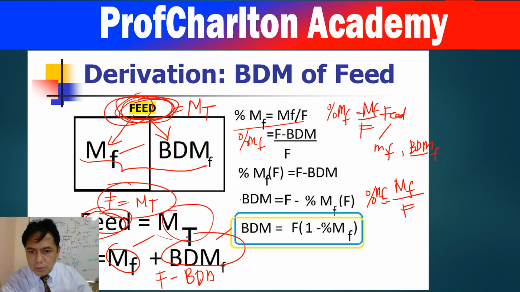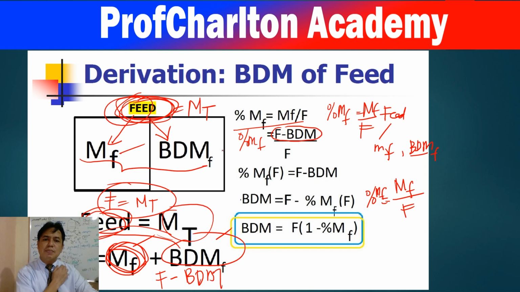What I did is just put this on the other side, so MF equals F minus BDM. So we can substitute this here. F minus BDM, what is F minus BDM? It equals F sub MF. So that is MF. We just expand F minus BDM, and this one is percent MF over F. We just expound this into this kind of expression.